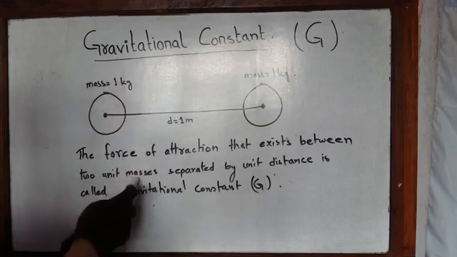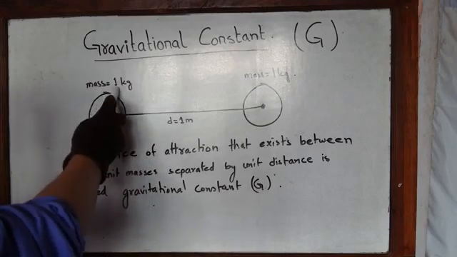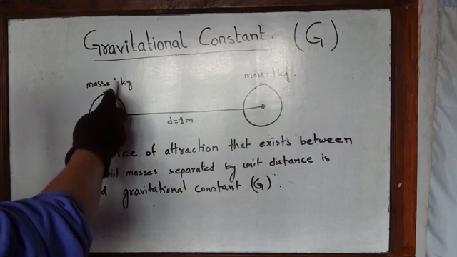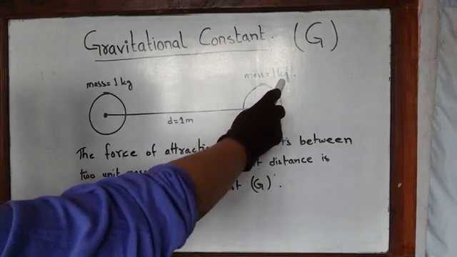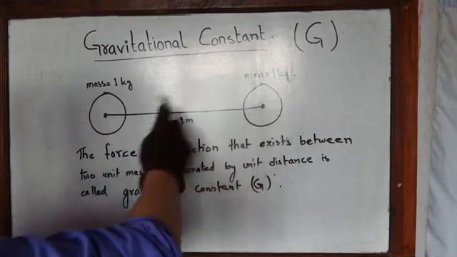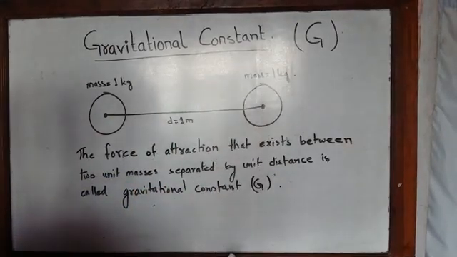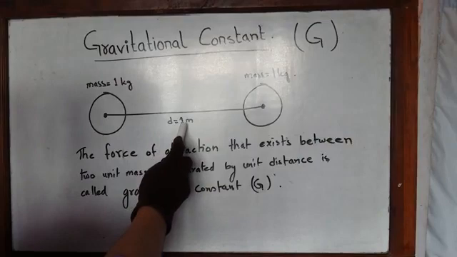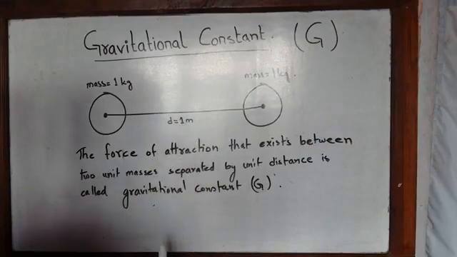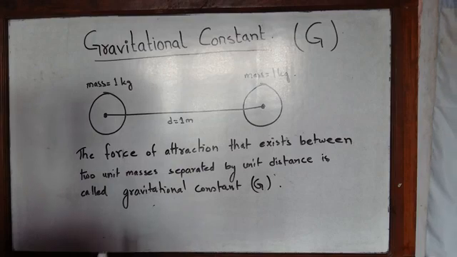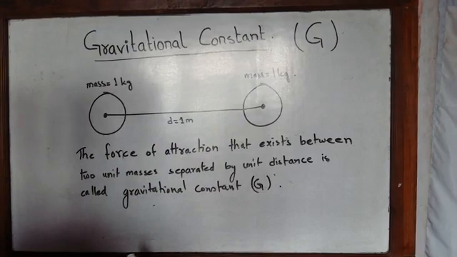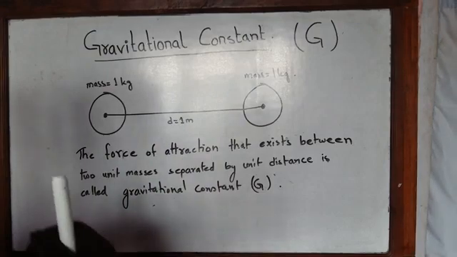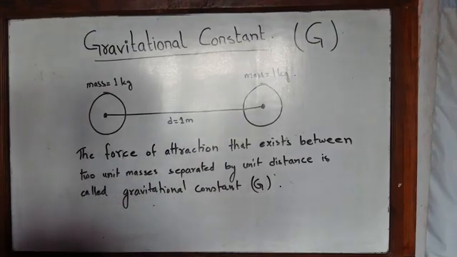Unit mass means 1 kg. So we have two unit masses, and the distance between them is 1 meter. We call it unit distance. So the force of attraction developed between two unit masses when they are separated by unit distance is called the gravitational constant.